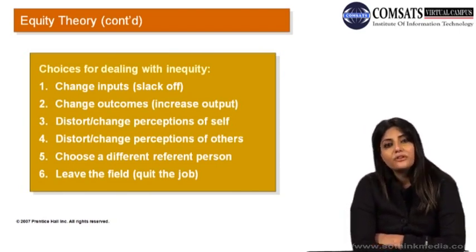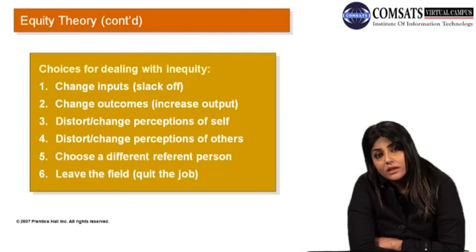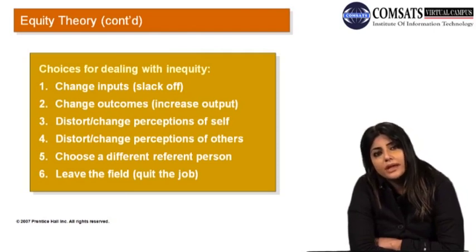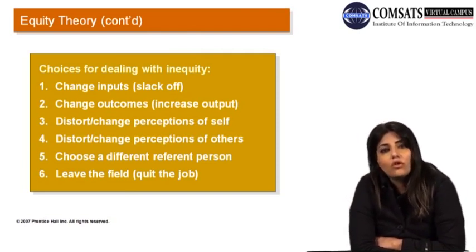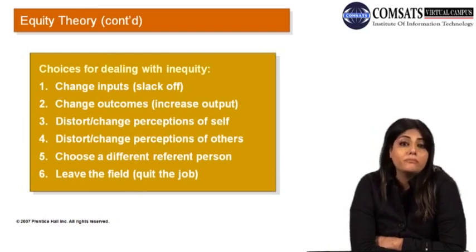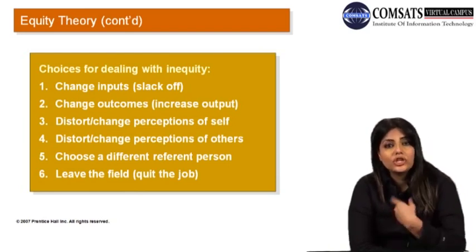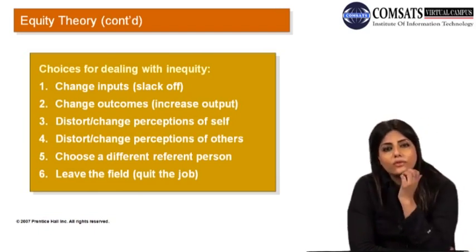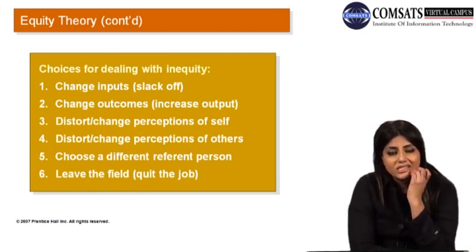Then they can choose a different referent person altogether. For example, maybe my rewards are not as good as those of my brother-in-law, but maybe they are better than what my father used to get. So you're trying to change your referent other, and then you can altogether quit the job, just as Jane thought of quitting the job.